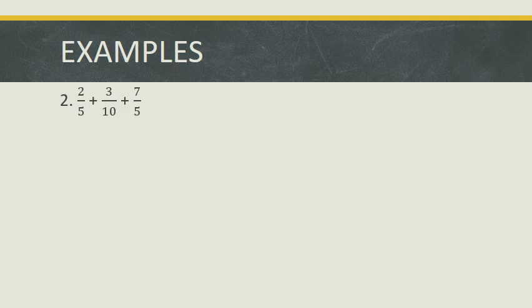So, now children, in this addition of unlike fractions, first we have to change the unlike fractions to like fractions, and for that we need to find out the LCM of the denominators, which is 5, 10, 5. So, the LCM of 5, 10 and 5 is 2 multiplied by 5, which is equal to 10.